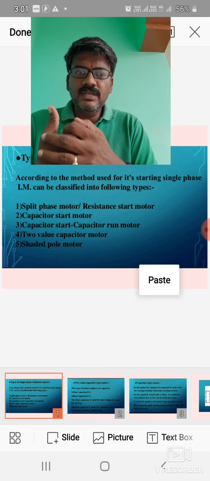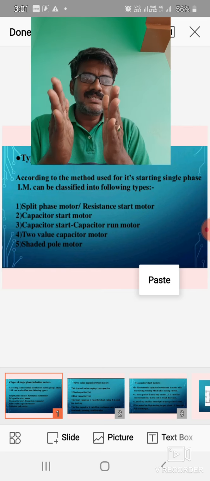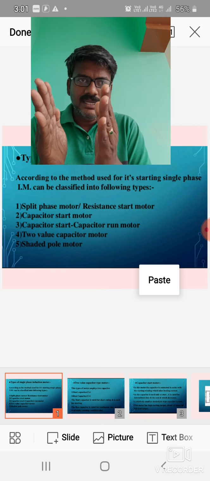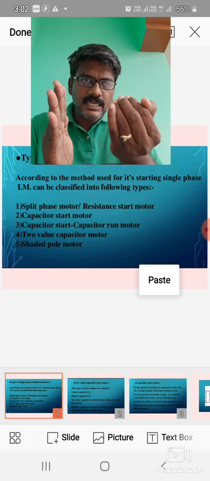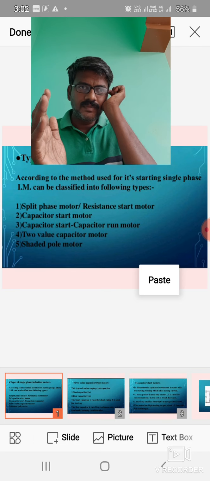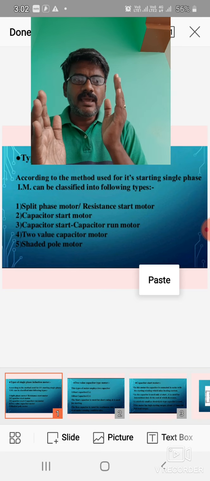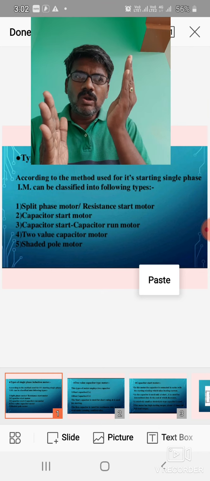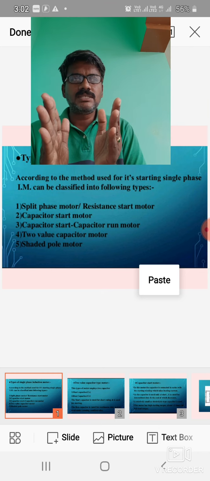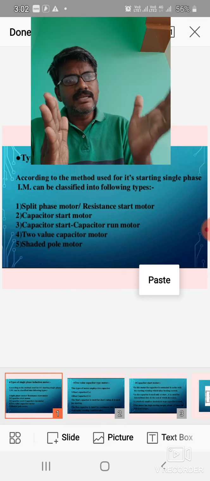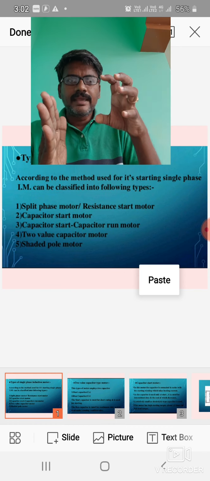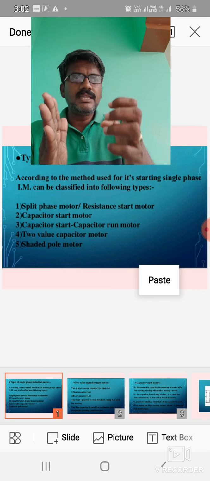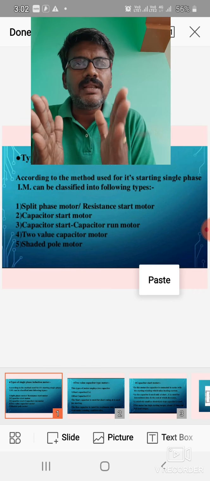In the second one, the capacitor is connected only at starting, and after that it is disconnected by a centrifugal switch. But in the third case, capacitor start capacitor run motor, it is continuous: in the running condition also, the capacitor is connected in series with the auxiliary winding.